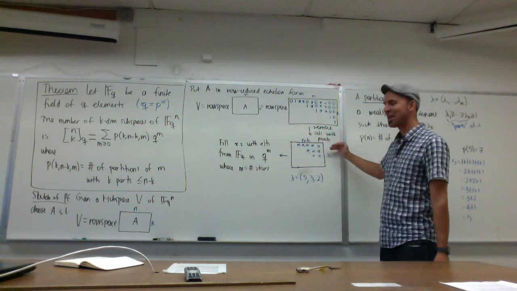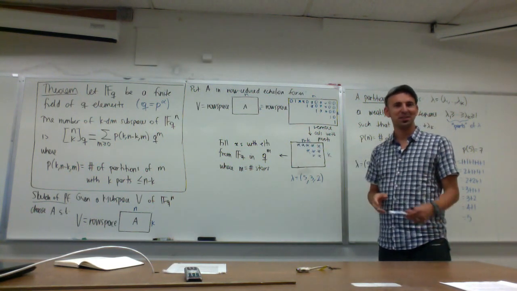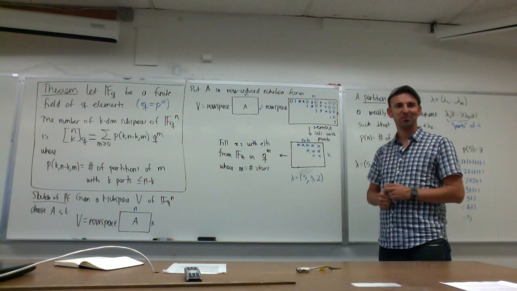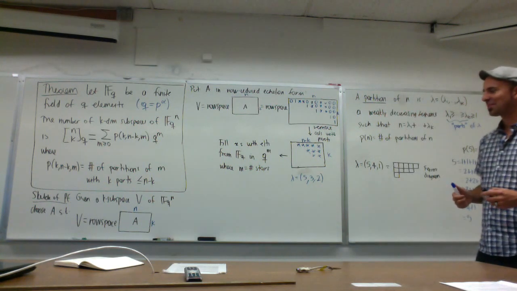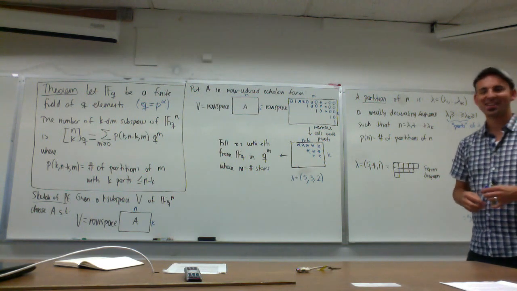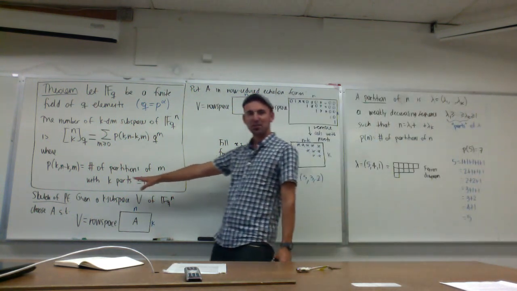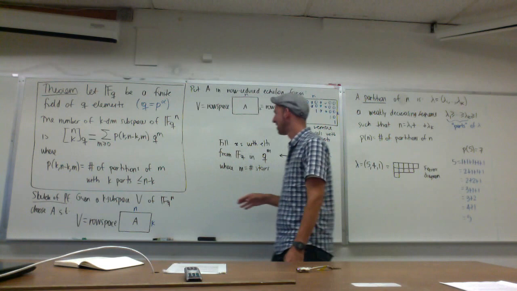This has at most k parts, and the parts are at most of length n minus k. Okay, which is almost what I wanted. I want to have exactly k parts, which are less than or equal to n minus k.